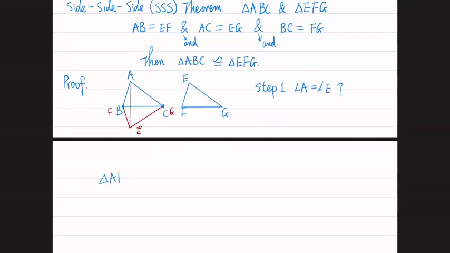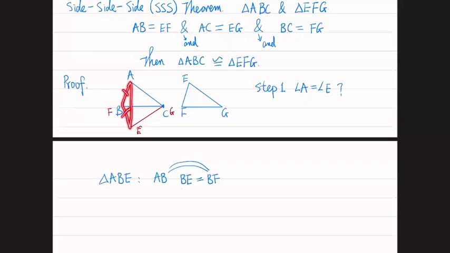Angle ABE: because AB and BE, B is the same as F, they have the same length. So in this triangle ABE, we have two equal lengths.